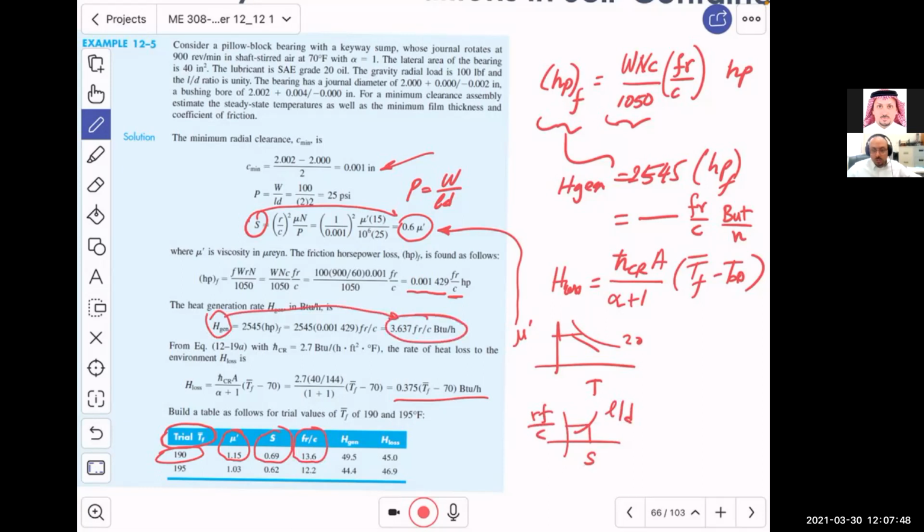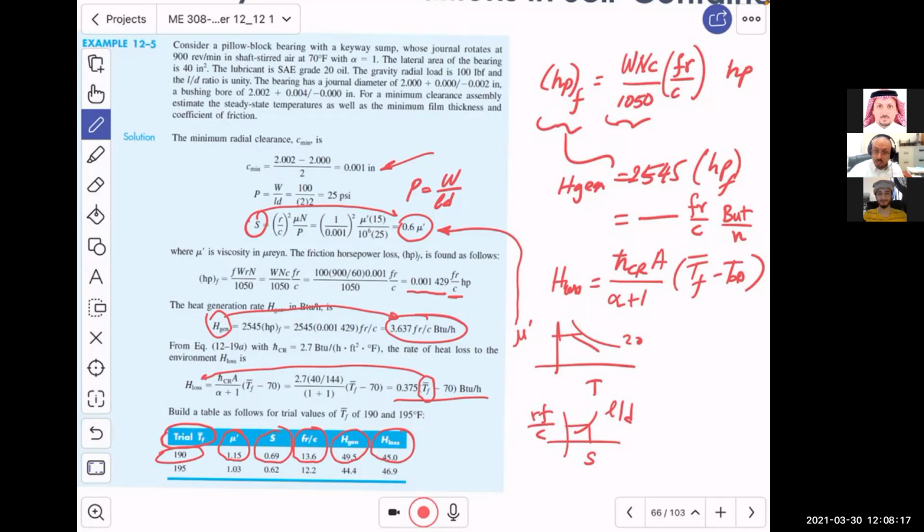And because you assumed T bar F over here, you can get the heat loss. Now, when I get the heat generated like this and the heat loss like this, I am done. I got the two values. So why would anybody tell me go and do a trial and error? Why is there another trial?